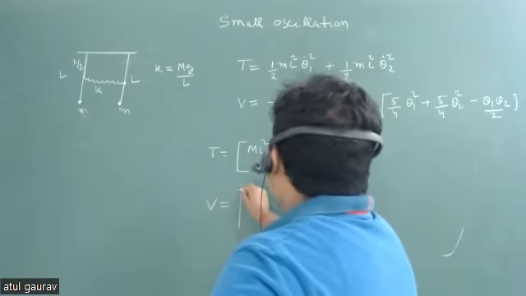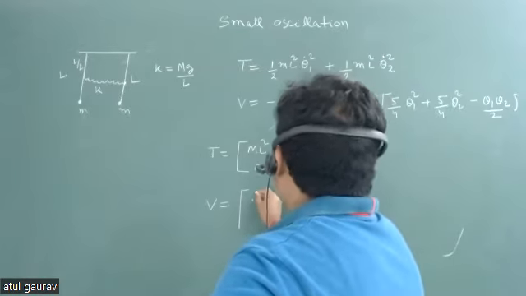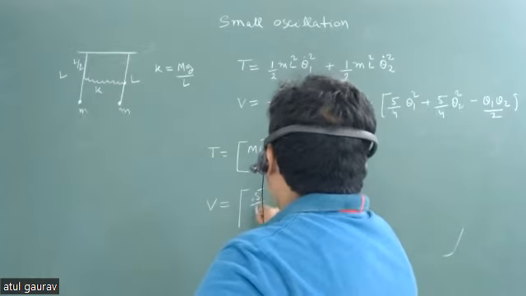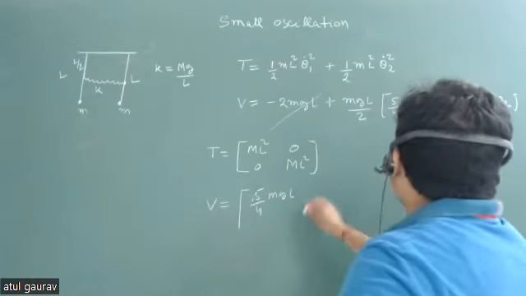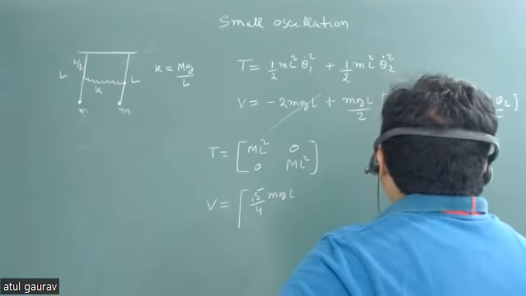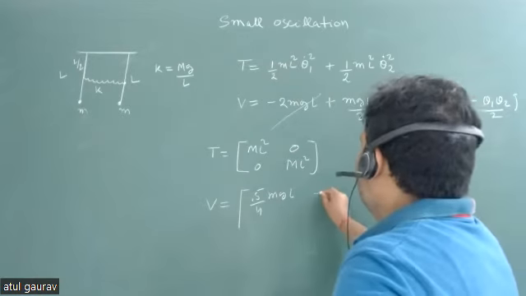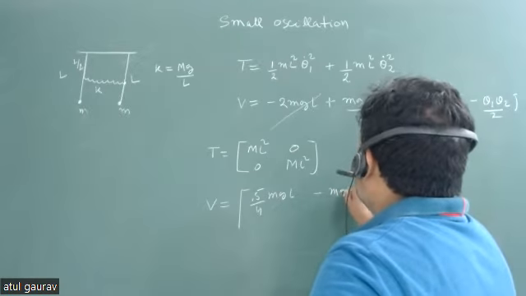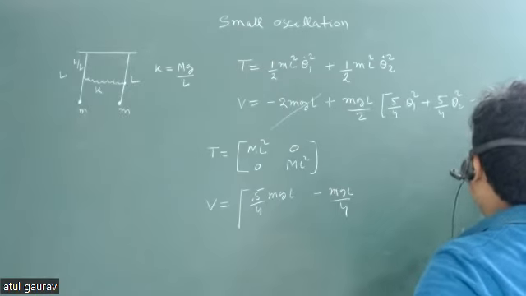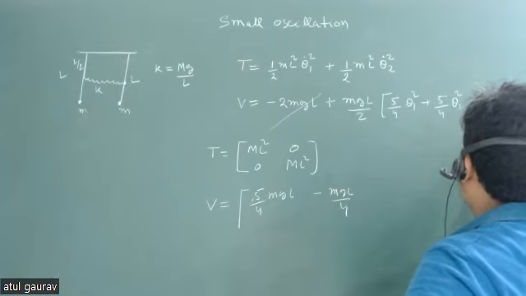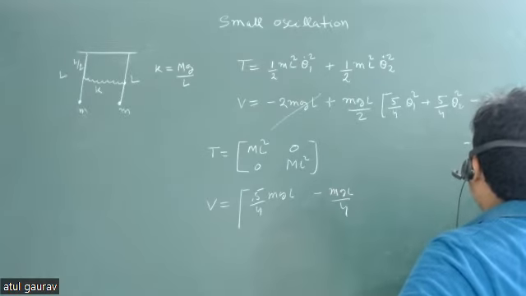ओके, let's go for potential energy. पोटेंशियल एनर्जी मैट्रिक्स के लिए फर्स्ट टर्म क्या हो जाएगा बताओ? 5/4 mgl. Second term is what? Minus mgl/4 because you have to make it symmetric. इसको आप दो पार्ट में रिवाइज कर सकते हो, -θ1θ2/4 -θ1θ2/4.